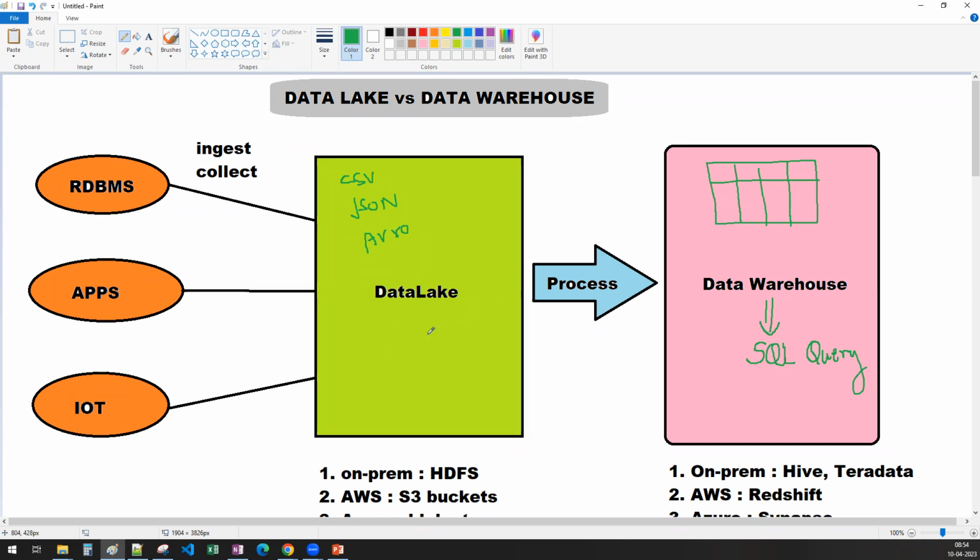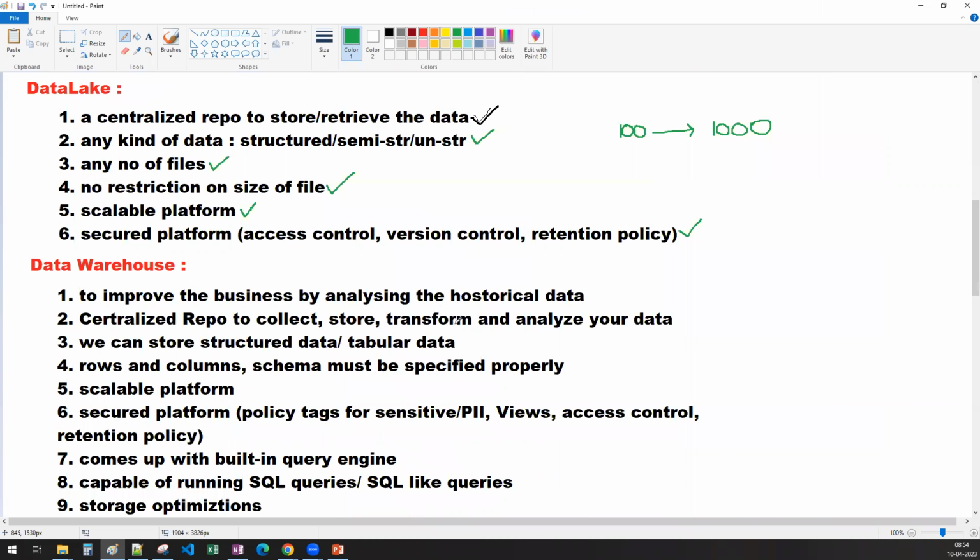In the data lake, there is no query engine, but the data warehouse comes with a built-in query engine. That's what I have mentioned here. If you see the second point, it is a centralized repository to collect, store, transform, and analyze your data. We can store structured and tabular data.